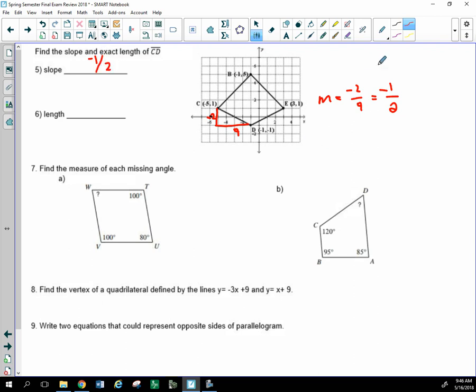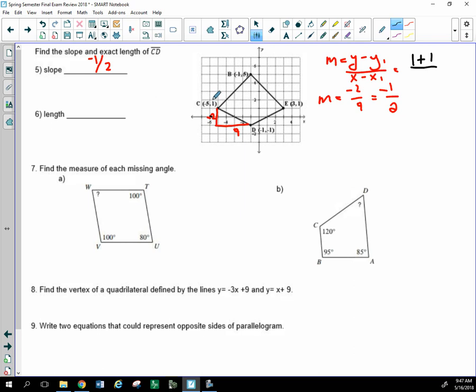If I didn't have the picture, I would use the slope formula, where my slope is y minus y1 over x minus x1. Setting this up, my y values would be 1 minus negative 1, divided by my x values.